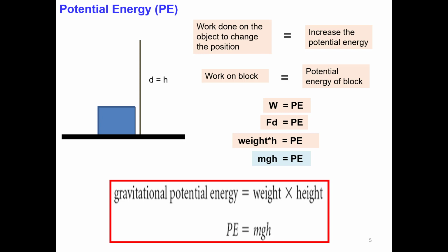And let's try to find the equations which we can use to calculate the potential energy. What happens if we do some work on this object, if we lift this block? We are doing some work on that object, because we are working against gravity, and we move the object some distance. In this particular case, because the distance is vertical, we can say distance equals h.